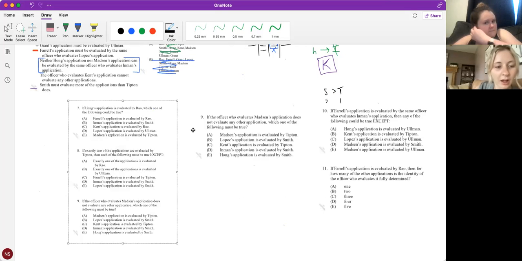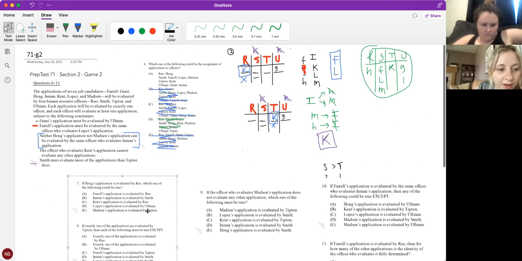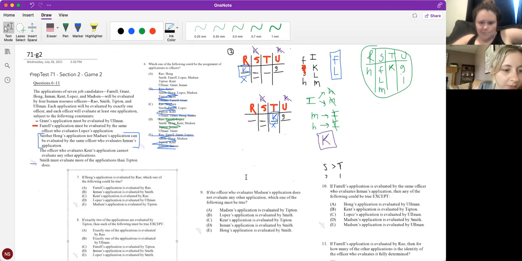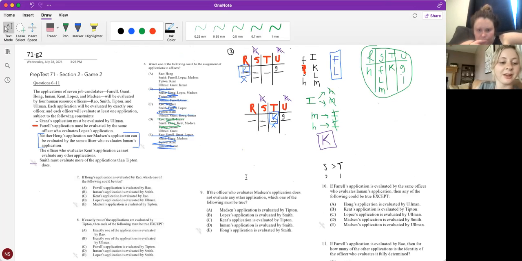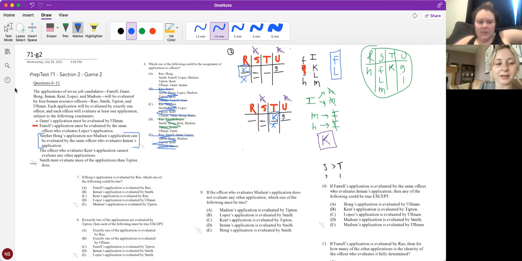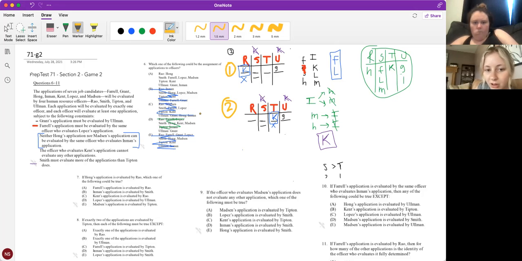We want to actually put H in R. So within 1 and 2, which one could H actually go in R? 2, right.